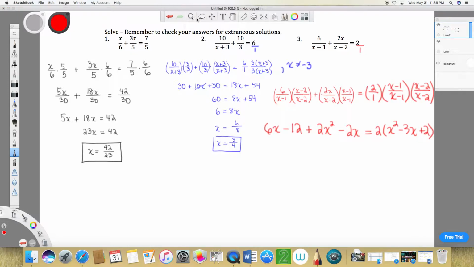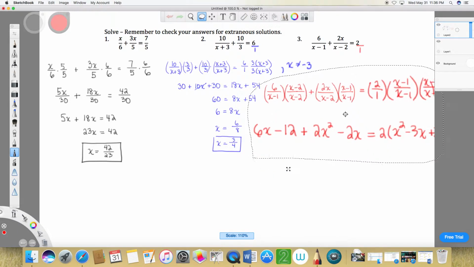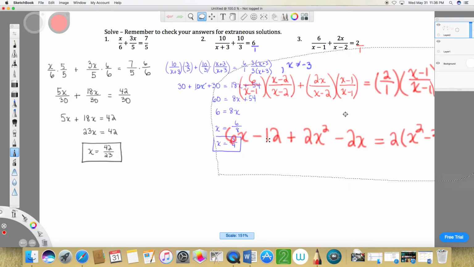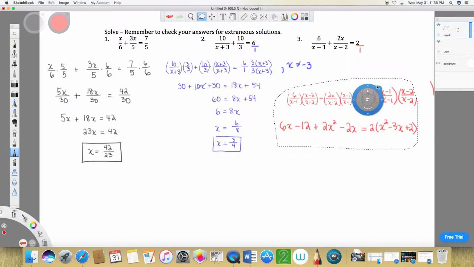Now, I've almost done it again. I forgot to mention that I can't divide by 0, and what to avoid in my solution set so that I don't have extraneous solutions.